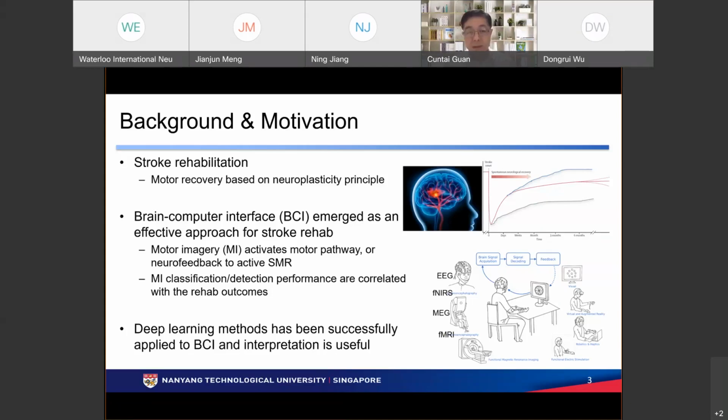There are 2 general categories of BCI based on principles: either motor imagery or motor intention detection, or based on neurofeedback. So these are 2 general approaches.